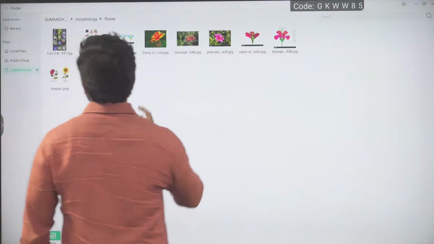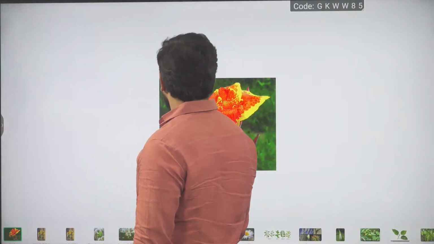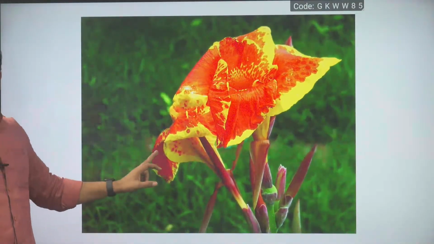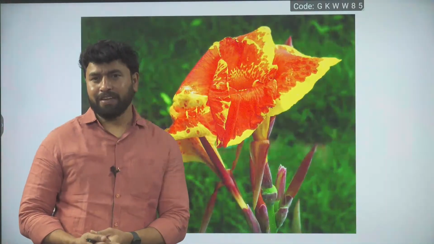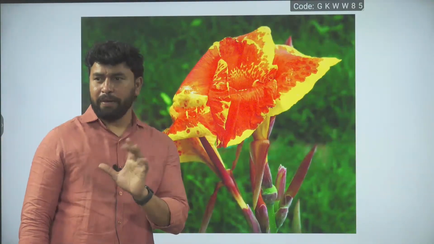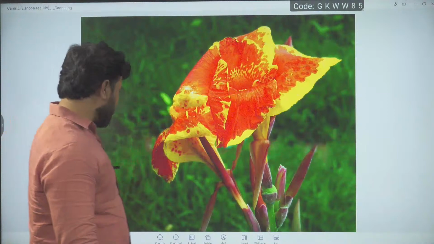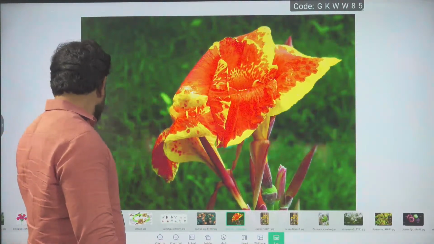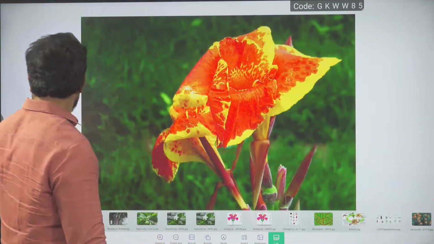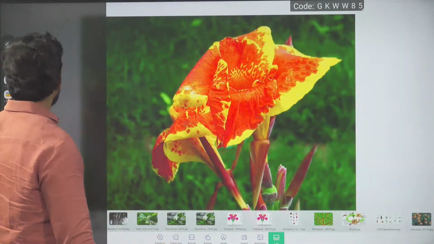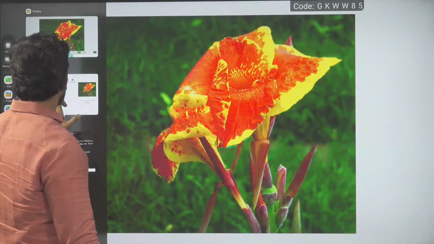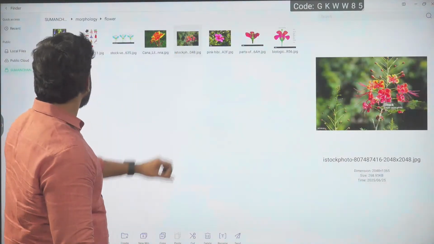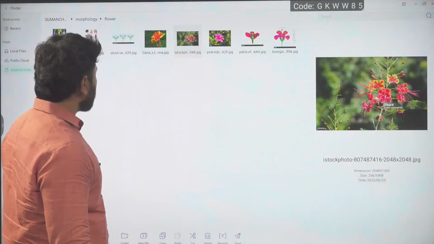See, this is Canna indica. You said right now asymmetric flower. This is that asymmetric flower. Next one, in this case, this one is gulmohar.